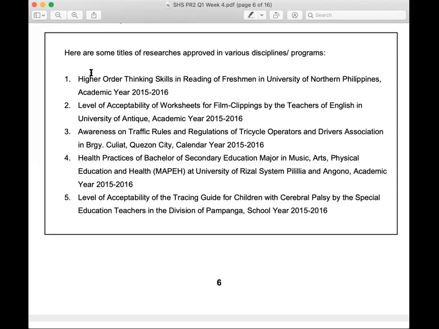In most cases, the first phrase or the first few words are your dependent variable. If you've noticed, higher order thinking skills is the variable that you will measure. Level of acceptability of worksheets, that's also your dependent variable. Awareness on traffic rules and regulations, likewise with health practices and level of tracing guide.